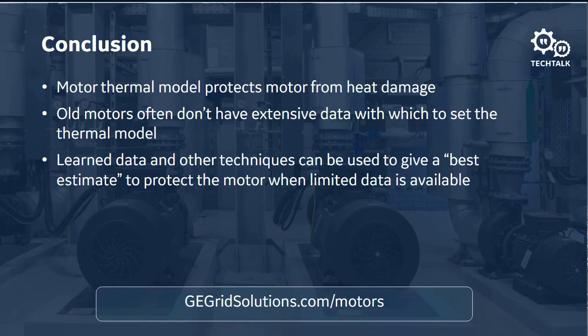So in that instance, I'd either set it at 1.0 or just slightly above, like 1.02 or 1.03, so that I could allow for CT inaccuracies and things like that, and allow the motor to go to 100% of full load amps without accumulating thermal capacity used.